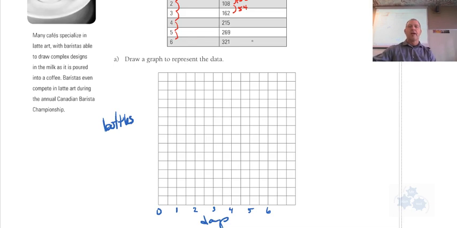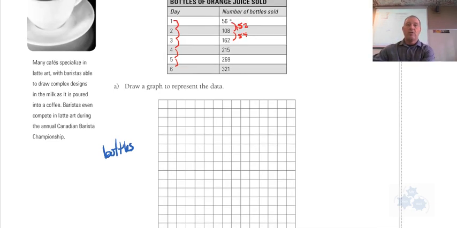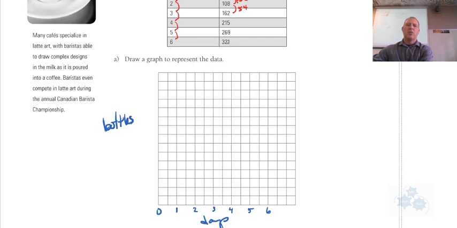Okay. Bottles. Now, I need to go from 56 to 321. This 56 really is, we could start at 0 here. That's not a big deal. We need to go to 321. So I need to go from about 0 to maybe 350 or 400 here. You see that? So let's say I want to go to 400.